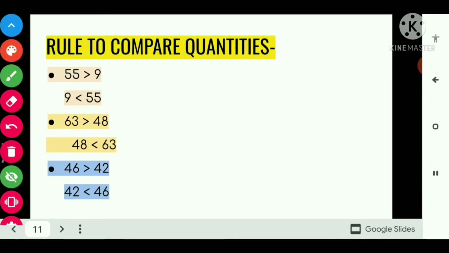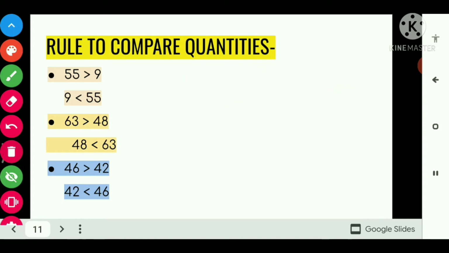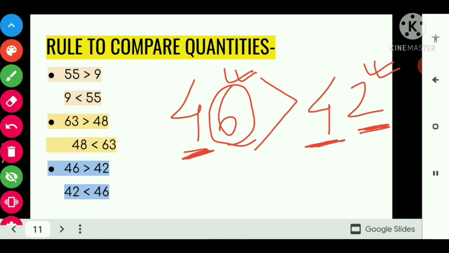Second rule: if 2-digit numbers are there, we'll see the tens place, and the number which is greater in the tens place is the greater one. Third: suppose 46 and 42. The tens place has the same number, so we'll consider the ones place value. 6 is greater than 2, so our bigger number will be 46.